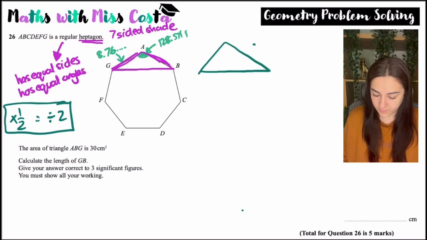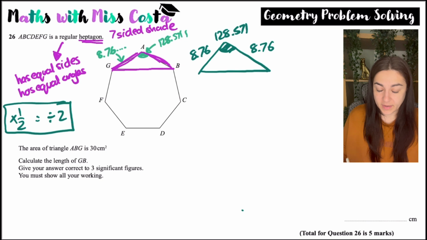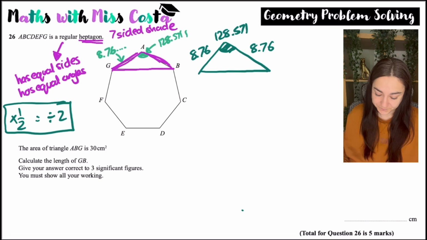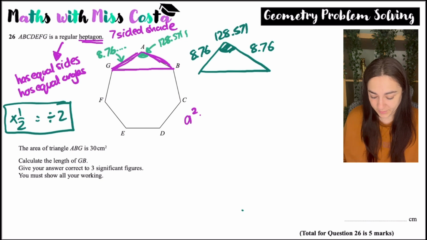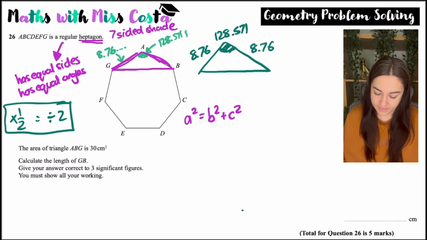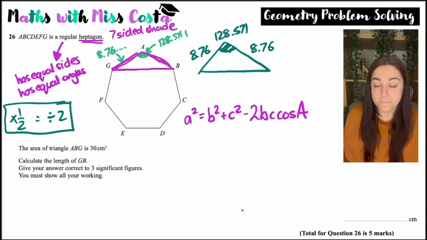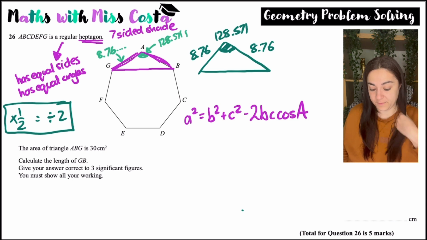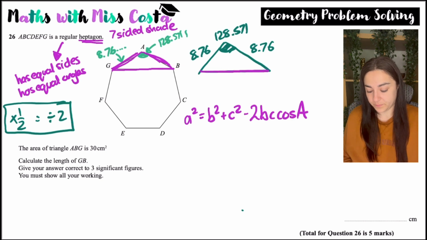I now know a little bit more information. So if I use the cosine rule, which is a squared equals b squared plus c squared minus 2bc cos A, I can figure out what the length of GB would be.